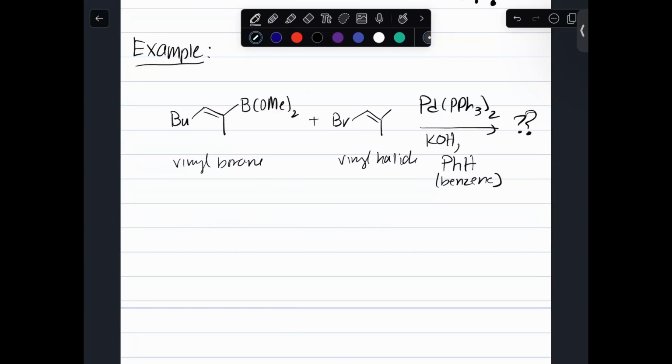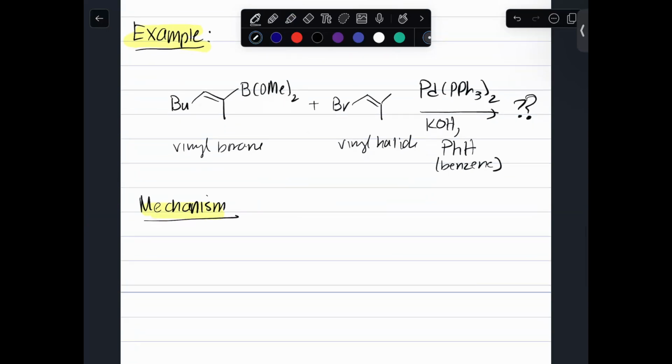And so let's jump into the mechanism of the reaction. Just like before, just like with the Heck reaction, you always start with your palladium catalyst.